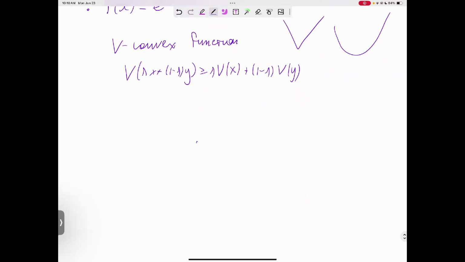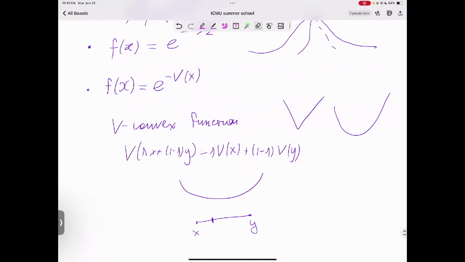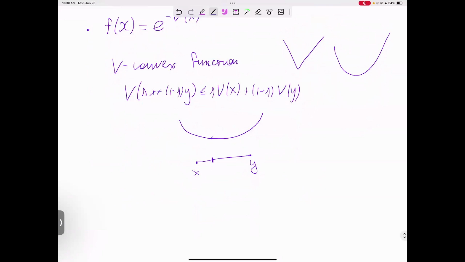So if I have a pair of points x and y, and I take some point in the middle, the value of the function at the midpoint is smaller than the midpoint of the values.